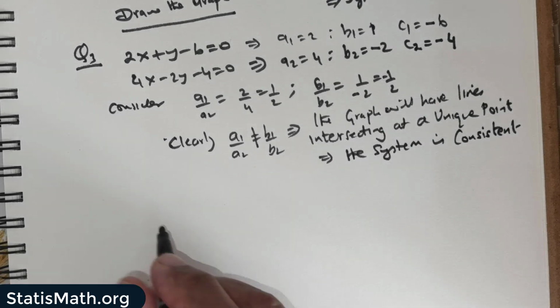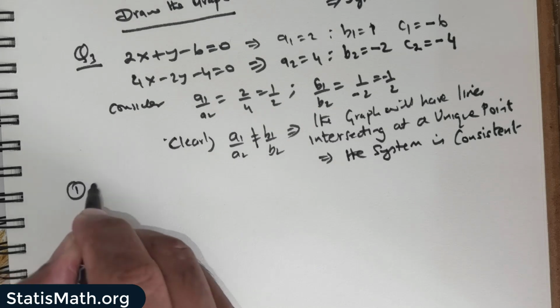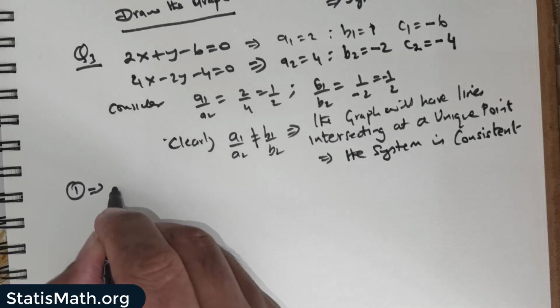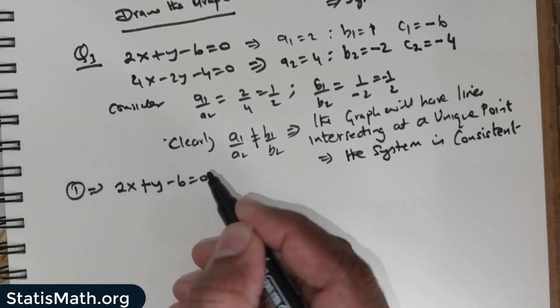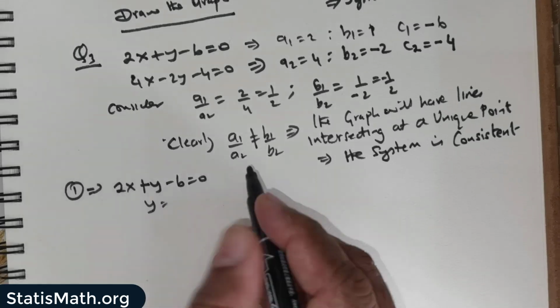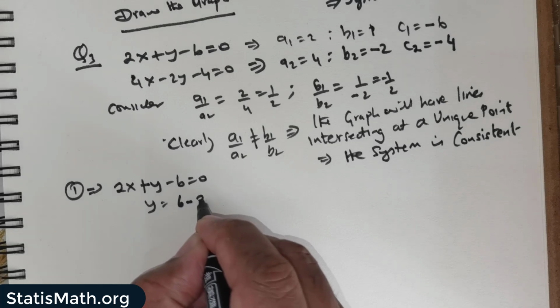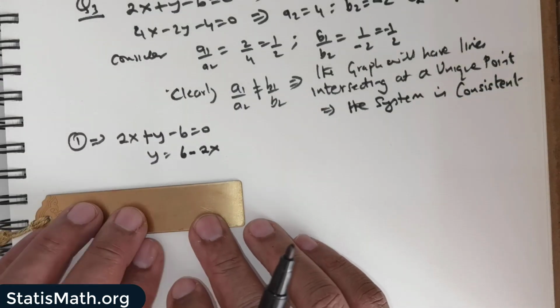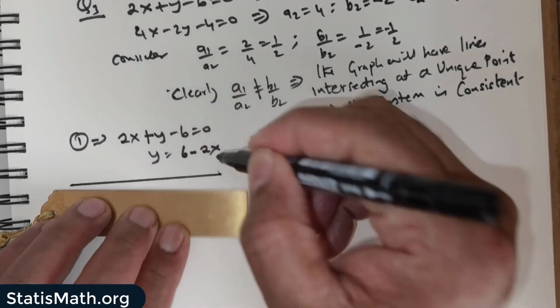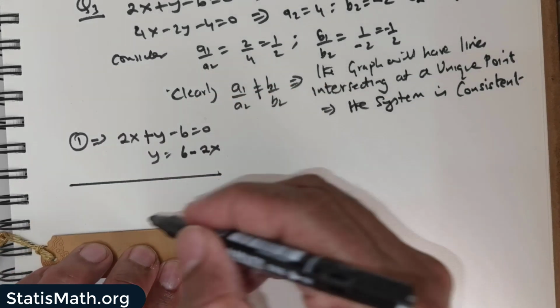So what I wish to do is I would like to take equation 1. Equation 1 is 2x plus y minus 6 is equal to 0. I keep y here, I move everything to the other side. So this is going to be y equals 6 minus 2x. So let's draw the table, or the tabular column.